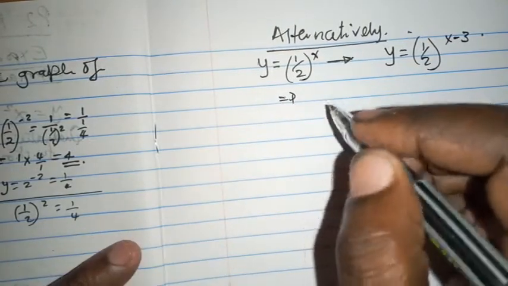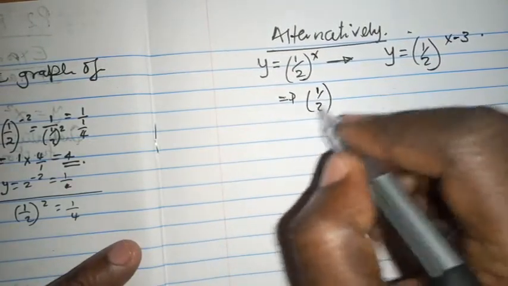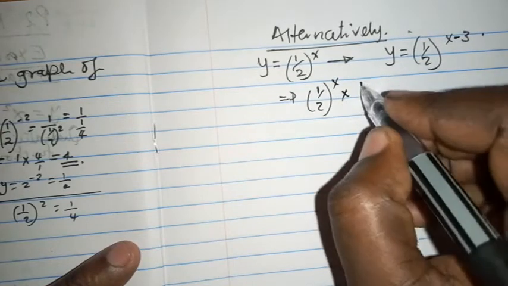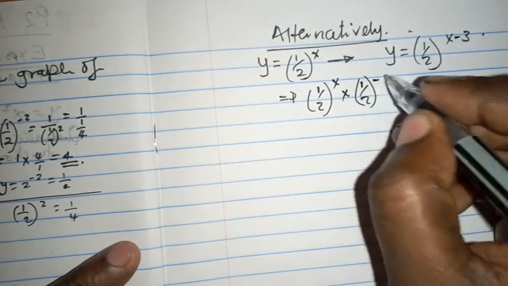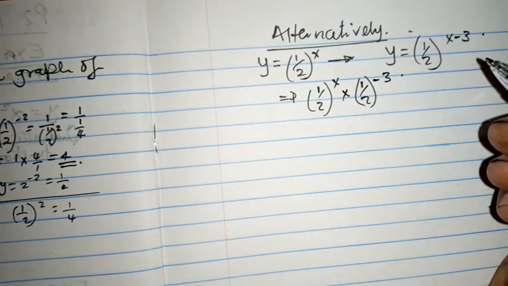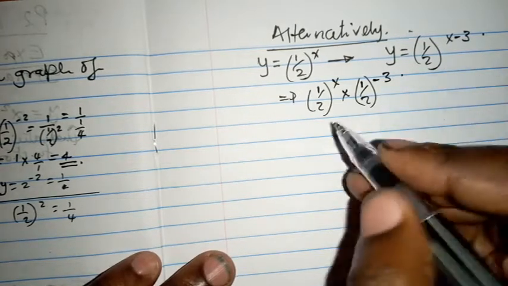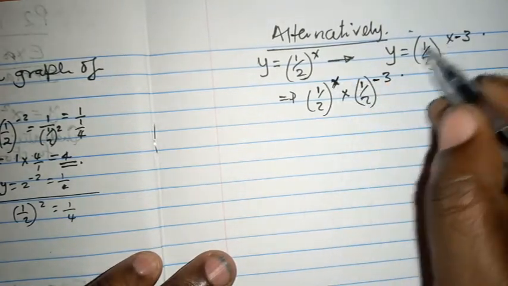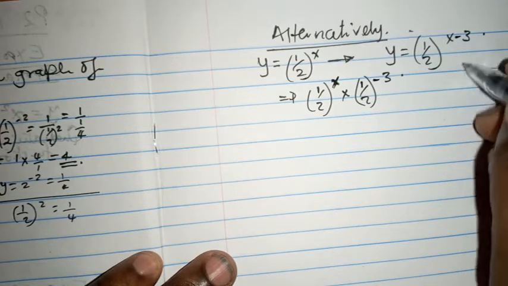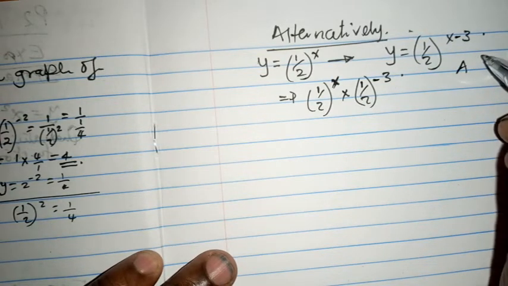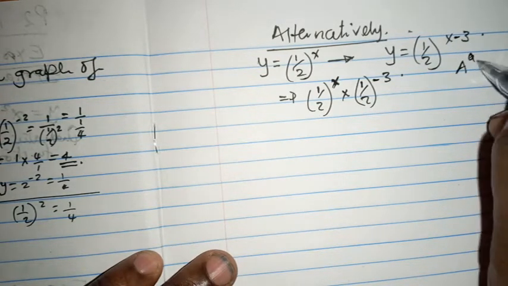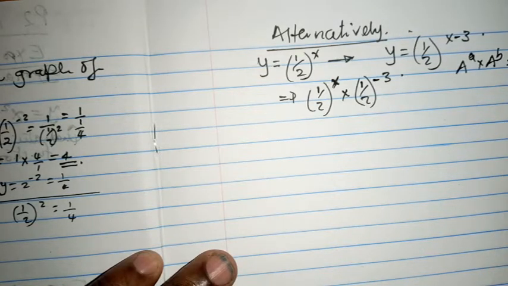This is a half x times a half raised to power minus 3. That is true. And of course, from the laws of indices, a raised to power a times a raised to power b is a raised to power a plus b.